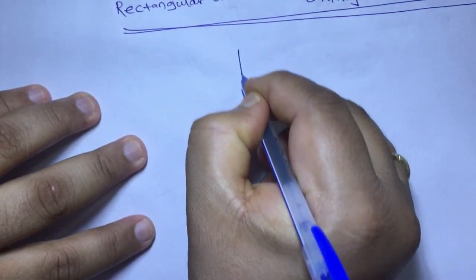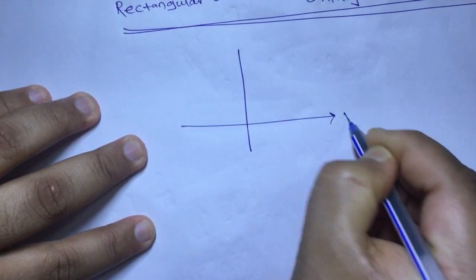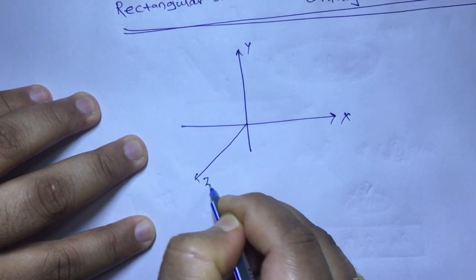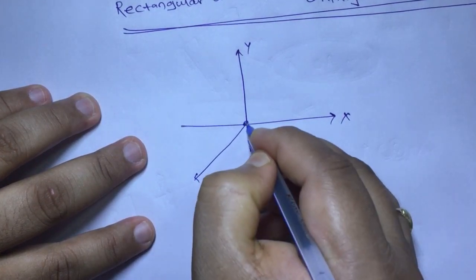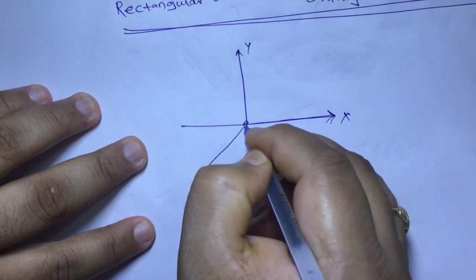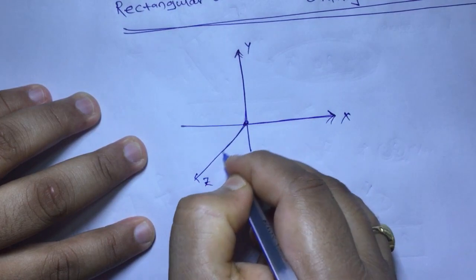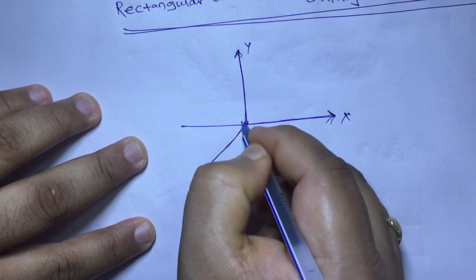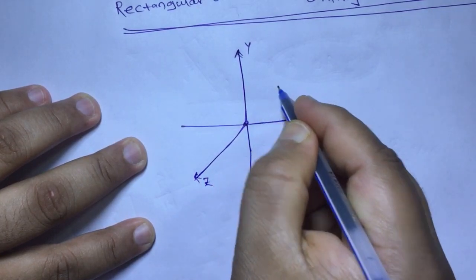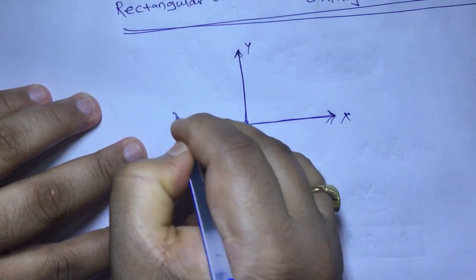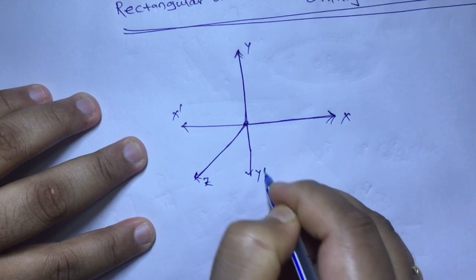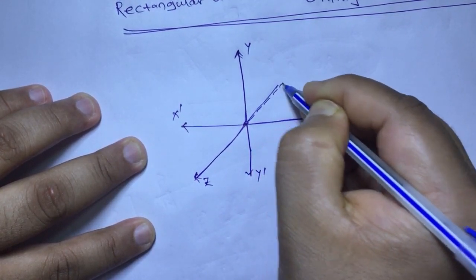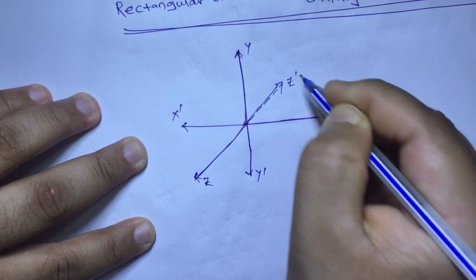As we know, we normally have 3 axes in the coordinate system: x axis, y axis and z axis. Similarly, along this direction minus x, along this direction minus y and along this direction minus z exists. This is x dash, this will be y dash and this, I am drawing in dotted form, will be z dash.